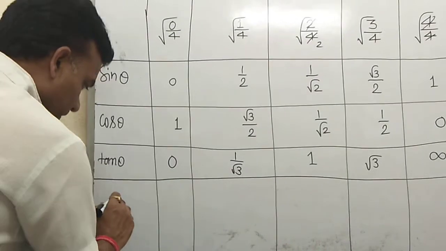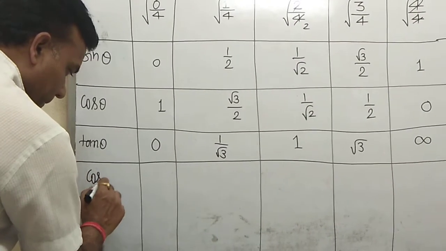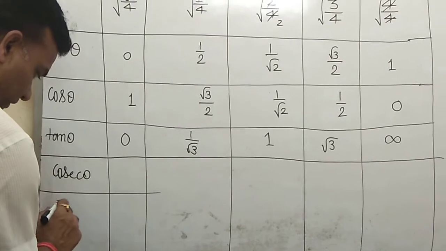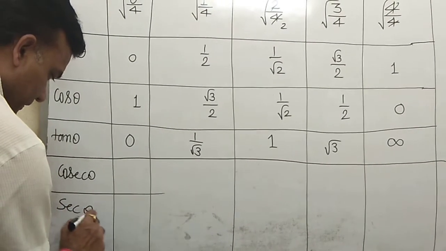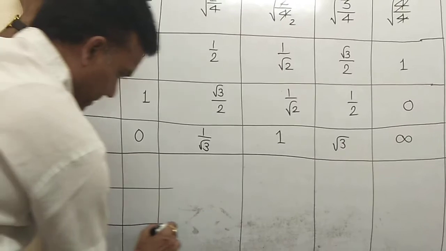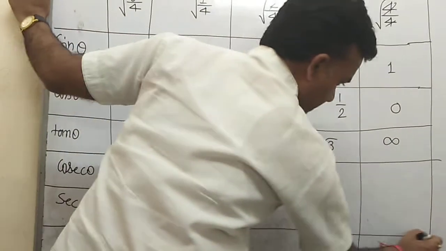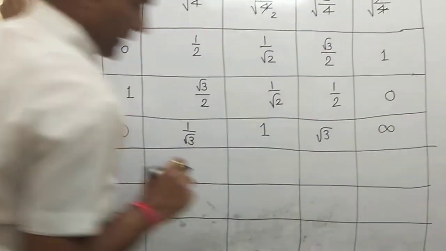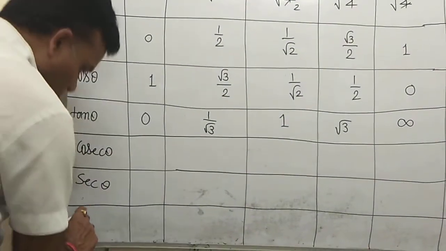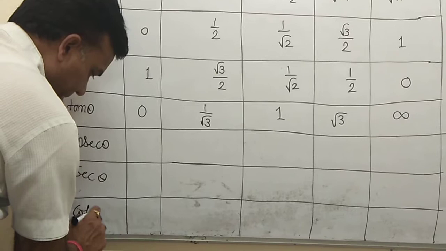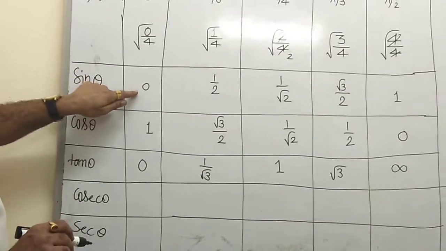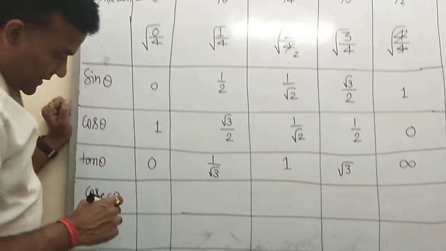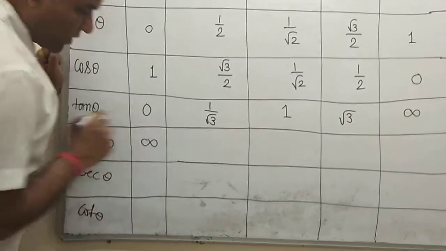Okay, similarly you write down for the cosec and then write down for the sec. So what is cosec? Cosec is only the reciprocal of sine. 0, 0 by 1. So 1 by 0, 1 by 0 is not defined.